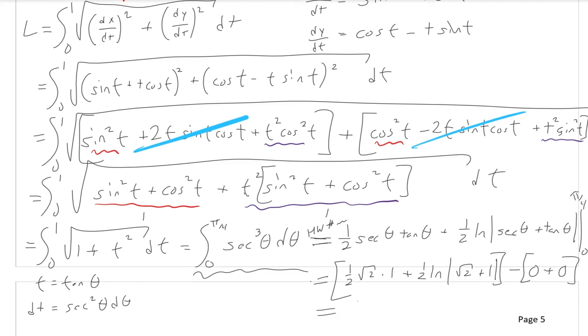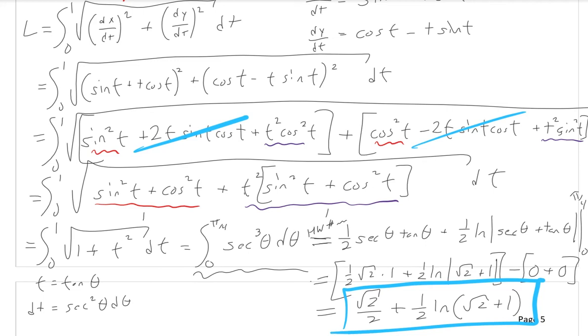So we get a final answer of root 2 over 2 plus 1/2 natural log of root 2 plus 1. And that would be our final answer for the length.